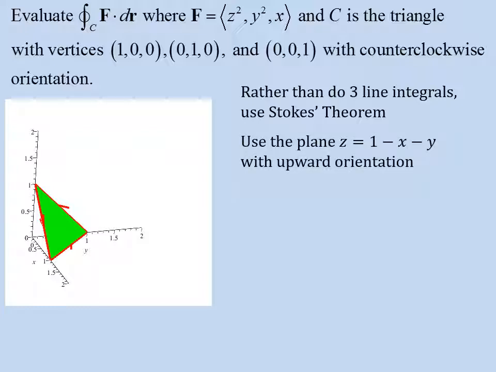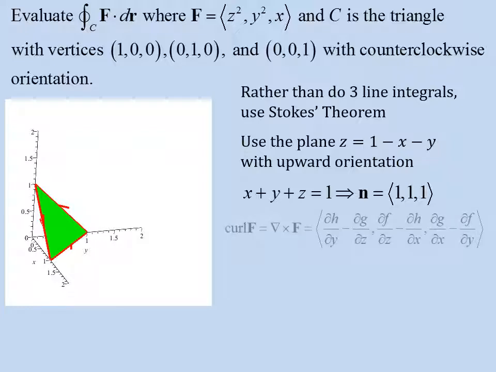So the plane can be described as z equals 1 minus x minus y. And if we change that to x plus y plus z equals 1, we can see real easily that a normal vector to that plane would be just 1, 1, 1. It's one of the reasons I chose to do the surface integral for this. The normal is real easy to compute.